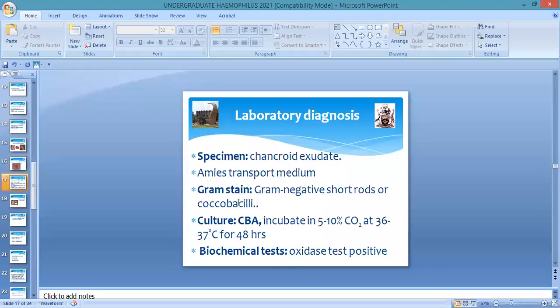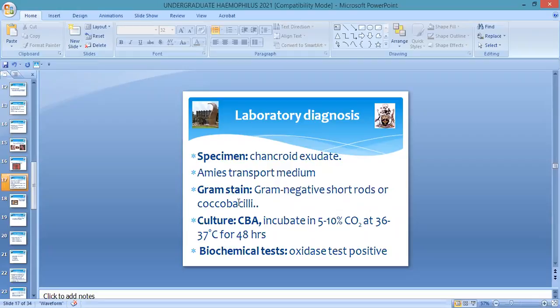So in terms of lab diagnosis, again, the specimen collection will depend on the site. And for us, since it's a genital ulcer, we'll just get the exudate from the chancroid. And like I said, since they die quite fast, you need a transport media. So put it in Amies transport media.